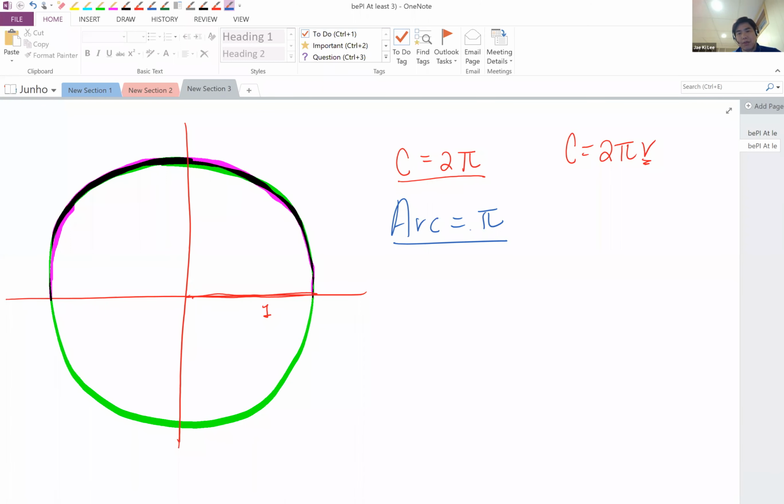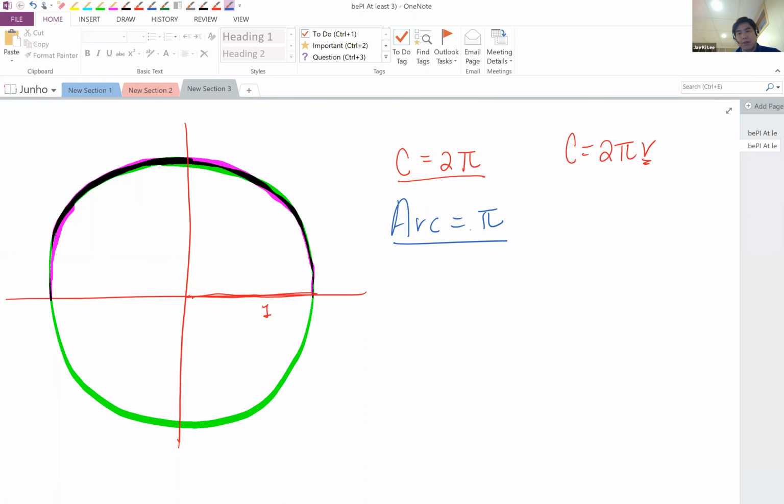Make sense? Okay. Then I can say this is 0, and this is pi. Then this arc becomes pi over 2. Make sense? Because this is half of pi, right? So the arc becomes pi over 2.